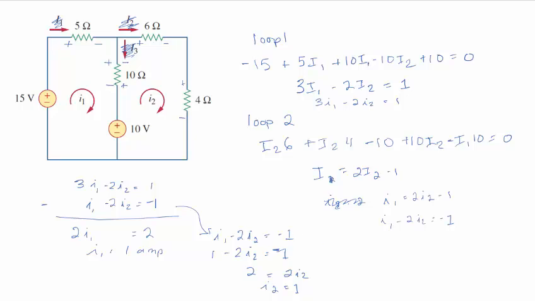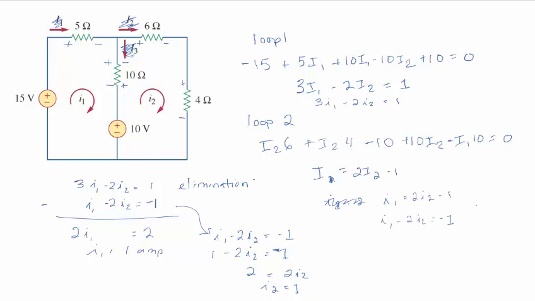Turns out that this current right here, which is I1 minus I2, is actually 0. So it just so happens that in this particular circuit, there's no current in that center branch. So this was process of elimination. Elimination works pretty good for a 2x2 matrix.